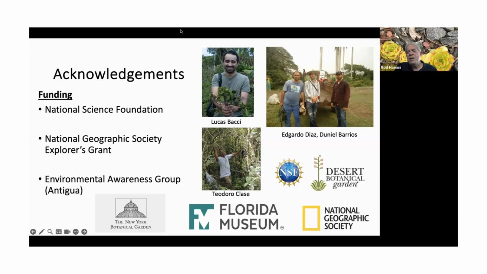One question asks, how come there are 4 species of Melocactus on the tiny island of Aruba? That's a really good question. Essentially all of those are forming part of that Curva spinus complex, right?